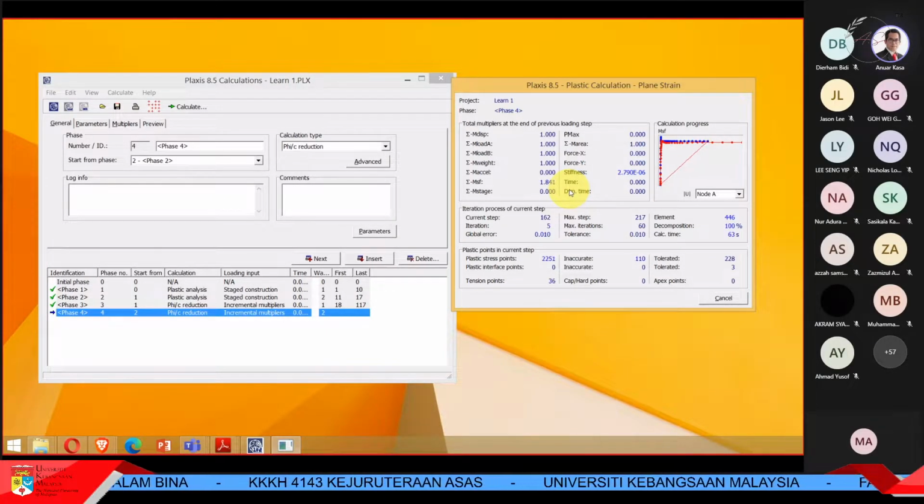And we still have a few minutes left. I'm using the Plaxis that I downloaded, using the Get Into PC. It seems it's running, no problem.